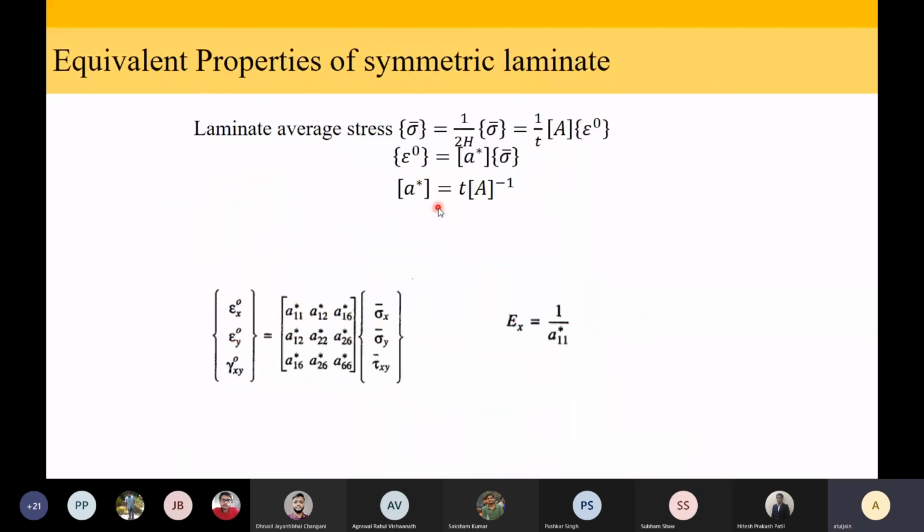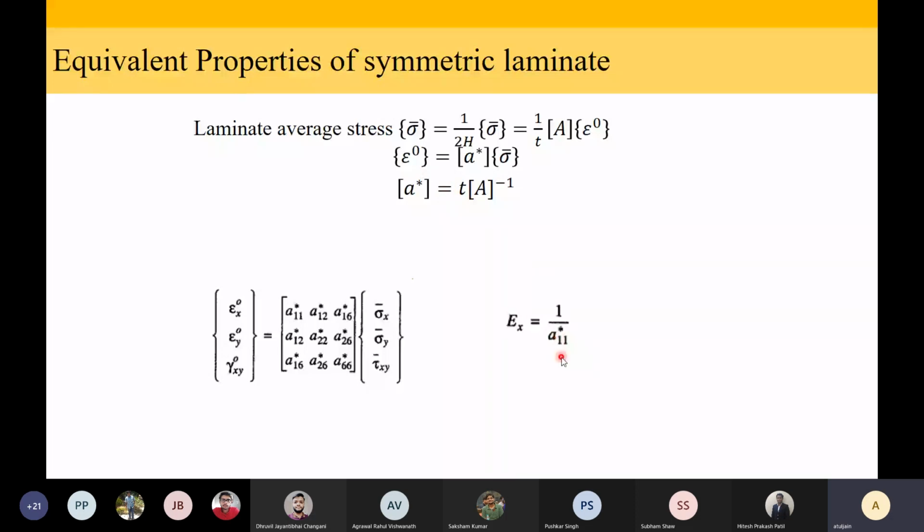This is what we are doing here. Laminate average stress is equal to 1 by 2h, or 2t, the total thickness, divided by these two average stress. So the stress is averaged over the entire thickness. This is stress per unit length. So it is 1 by T into A into epsilon naught. Invert it, you will get epsilon naught is equal to A star into sigma prime. So Exx is equal to 1 by A star.